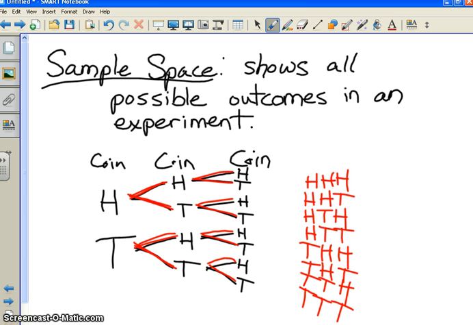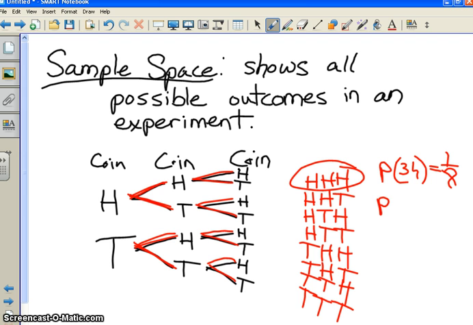So my probability of flipping 3 heads is 1 out of 8. And that would be my theoretical probability. If I actually carried the experiment out, I might not get 3 heads in 8 flips.